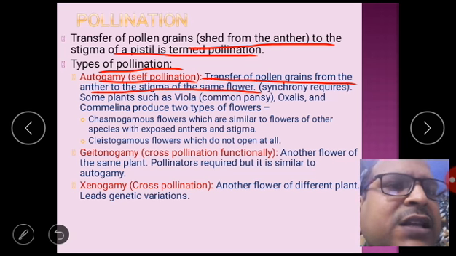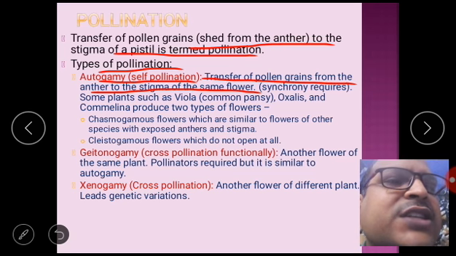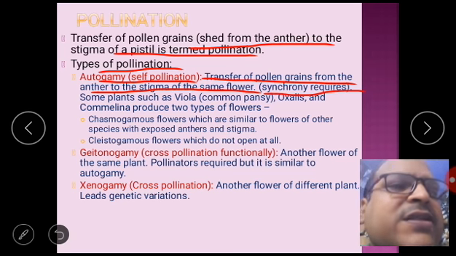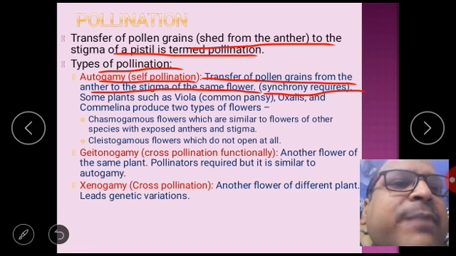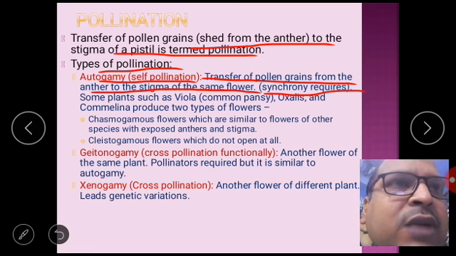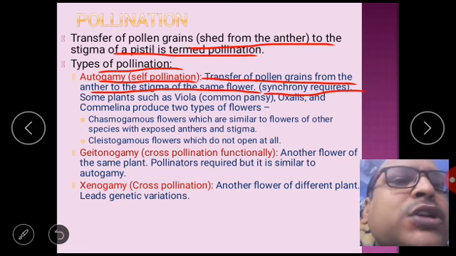What you have to keep in mind here is synchronization. What do you mean by synchrony? Synchronization means that at the same time the stigma and anther, that is, the pistil and the stamen, should both be mature.